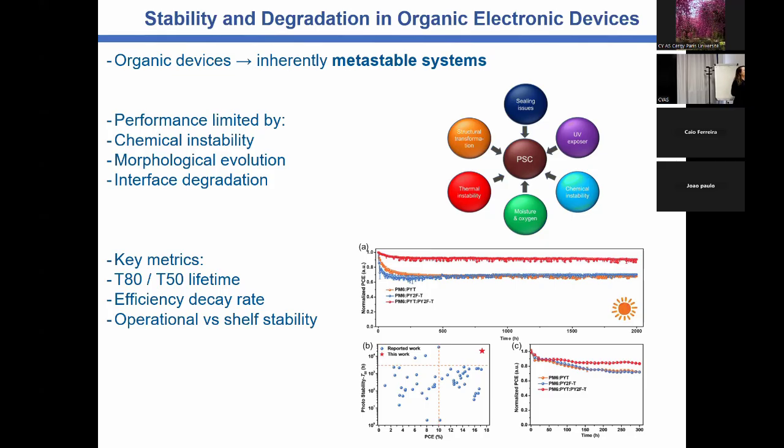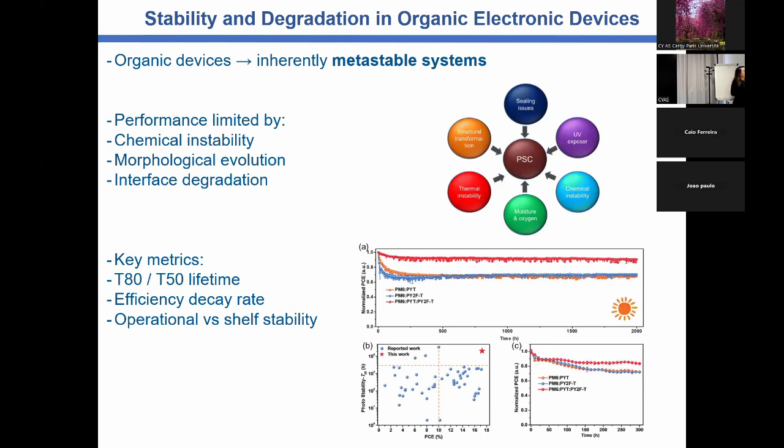So the stability, as I said, it's quite important because when we go to the large area deposition and also the application of the devices, no matter what kind of devices, if it's transistors, solar cells, or batteries, capacitors, or sensors using organic materials, we must deal with these stability issues. So to overcome the challenges of the large area deposition, or also to improve the stability of some specific application.